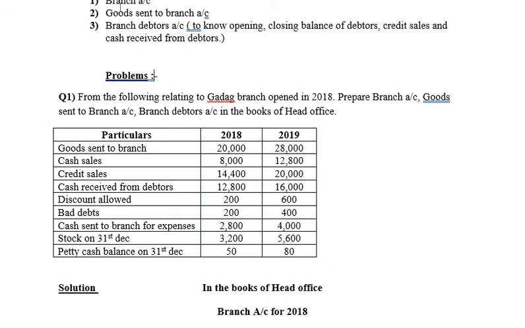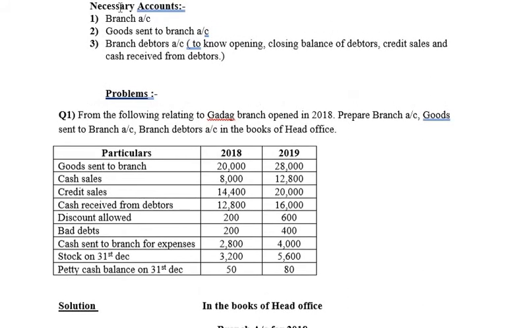So they have asked for all three accounts to be prepared. Goods sent to branch: they have given 2 years. It was opened in 2018 and they have also given the record of 2019. Goods sent to branch is 20,000 in the year 2018 and in the year 2019 it is 28,000.